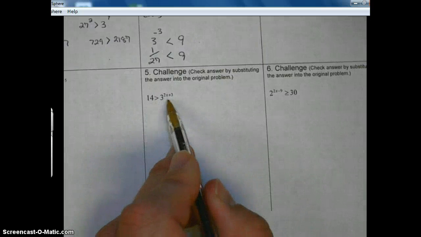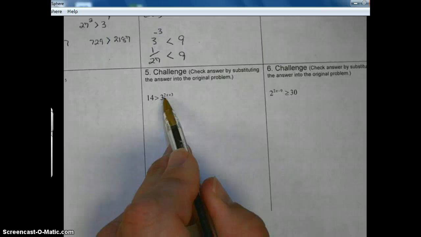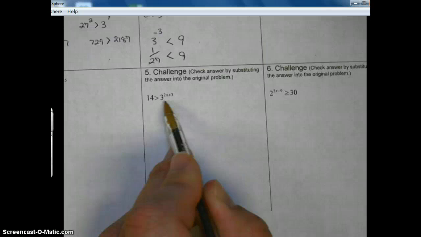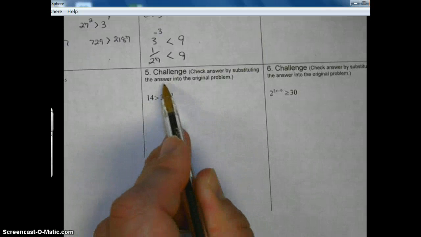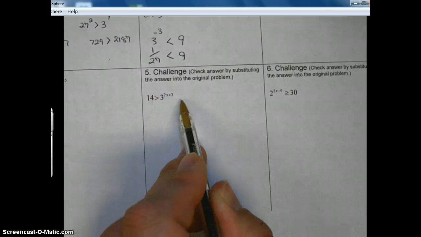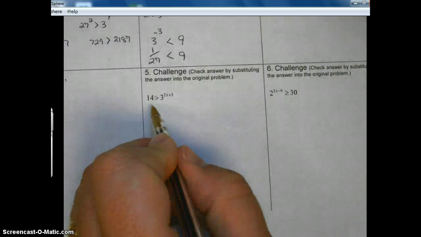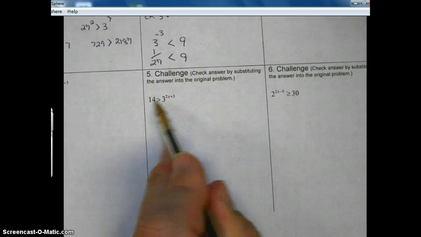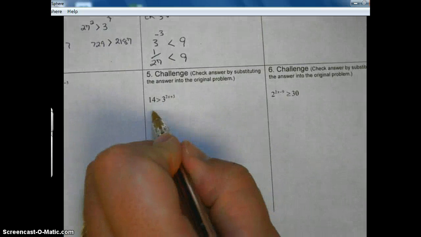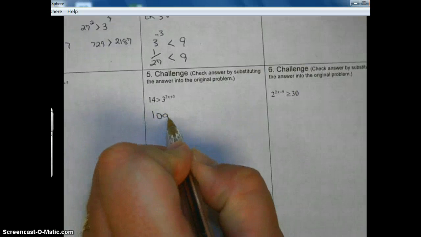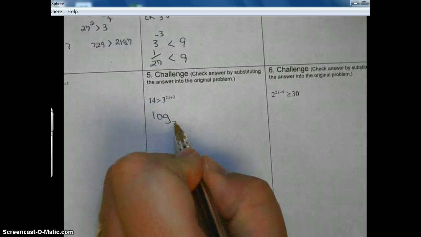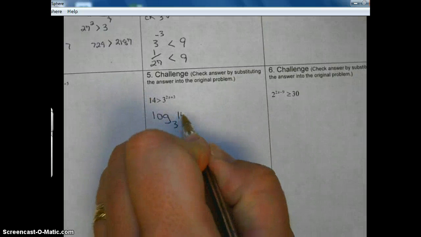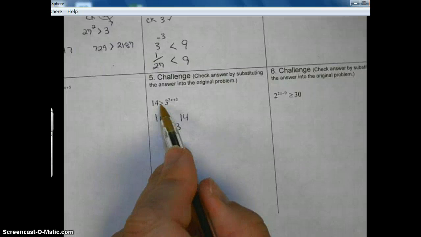Okay, this time we cannot make the bases the same. So remember that when you have an exponential inequality or equation, we have to change forms. So changing forms, we're going to have log base 3 of 14, okay, and then our symbol.